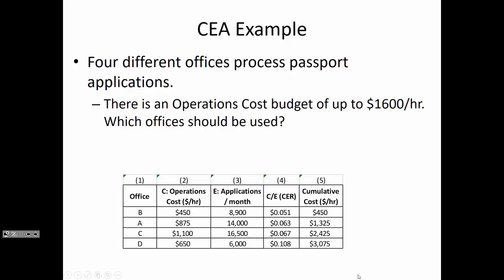And so $1,600 per hour means that we should definitely do B and A. And in some cases, you can partially fund the next alternative. So we could say any leftover money between $1,325 and $1,600, we'd take that leftover money and partially fund option C. Sometimes partial funding is an alternative, sometimes it's not.